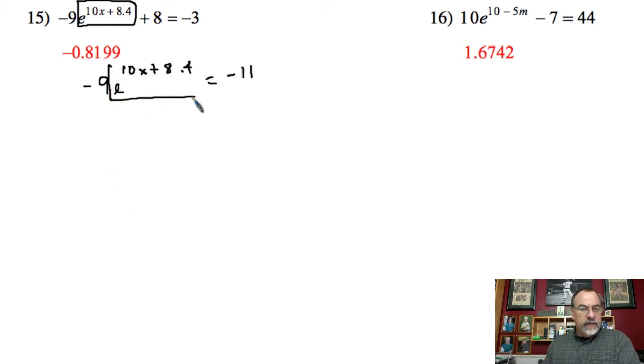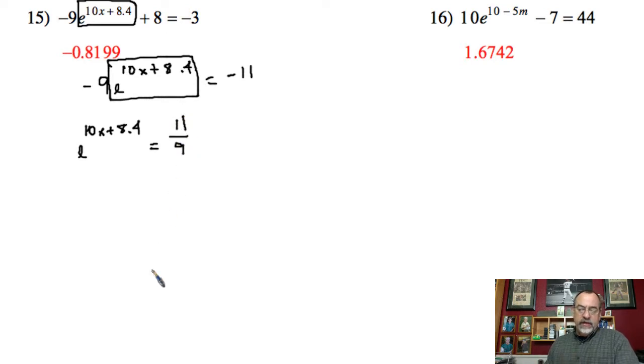Then again, here's the term that we're trying to isolate, so we're going to have to divide by this negative 9. So we're going to have e to the 10x plus 8.4 is equal to a negative divided by a negative, which is a positive, so this is going to be 11 divided by 9.